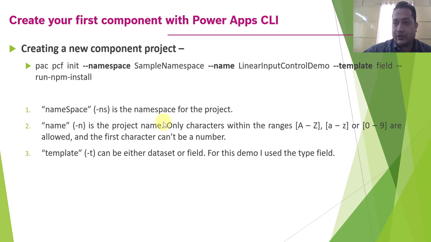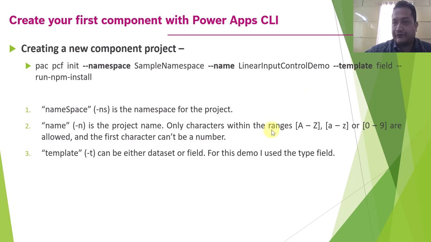Now, one important thing to remember here is that instead of using the full names, you can also use -ns for namespace, -n for name, and -t for template. That is also possible and allowed. So pac pcf init -ns, the namespace name, -n, the name of the project, and -t, which will talk about the template.